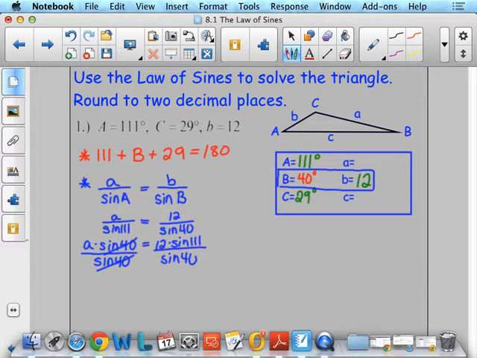Okay, so now in my calculator, just plug in 12 times sine of 111 divided by sine of 40. Okay, so that means little a should be 17.42.